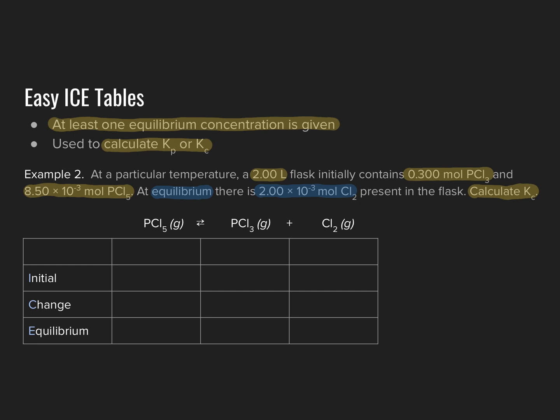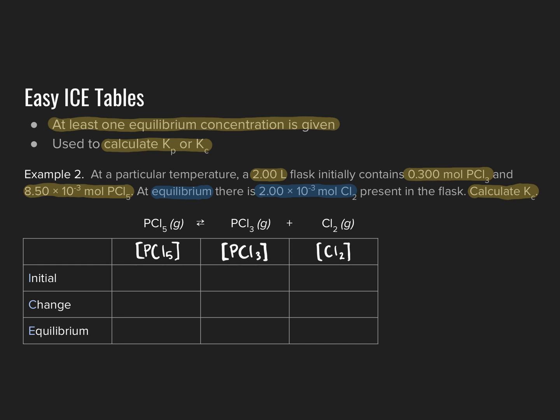That is, we've got the concentration of the phosphorus pentachloride, PCl5, the concentration of PCl3, and the concentration of Cl2. And then again, along the first column, we're labeling here our 3 different positions of the system: the initial concentrations, the change in concentrations, and the equilibrium concentrations for our system. So we've got the ice table set up. Let's now go ahead and take the given information and see where it fits within our table.